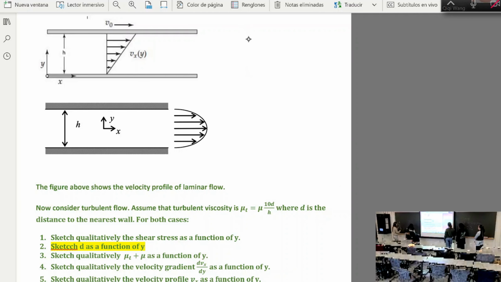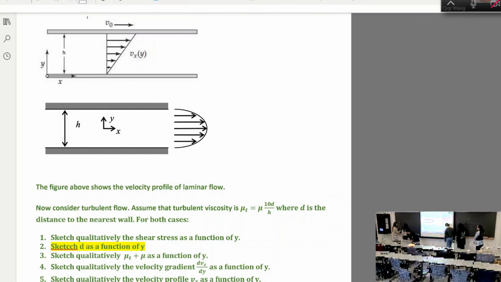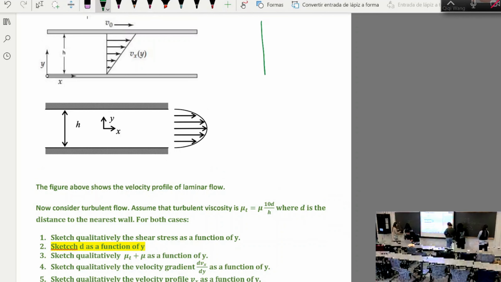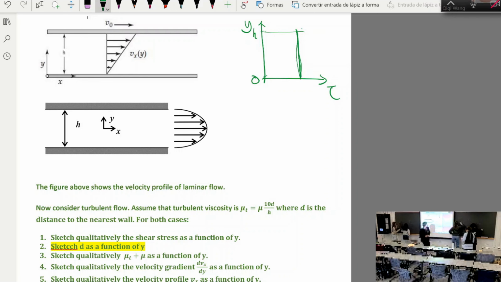So if I sketch y being the y-axis and the x-axis being tau for the first case, I would just draw a vertical line because wherever y is, tau is going to be the same. So that's going to be my sketch. Does it make sense? At the bottom is y equal to 0, at the top is y equal to h, and the sketch for tau is basically a straight vertical line. Does that make sense?